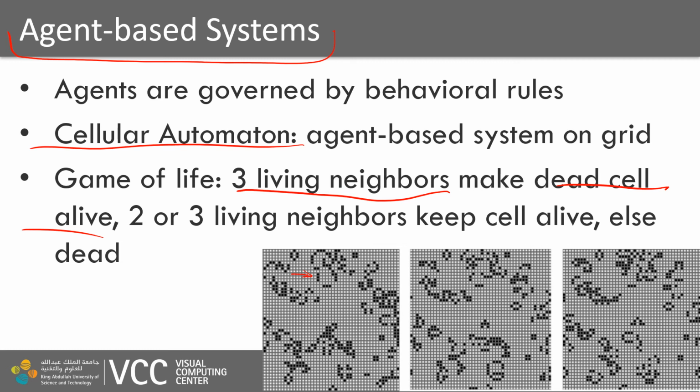And if there are 2 or 3 living neighbors, they will still be alive. Otherwise, the cell will turn dead. And this will create various patterns of this cellular automaton, which tries to somehow simulate the living potential of some cell cultures.